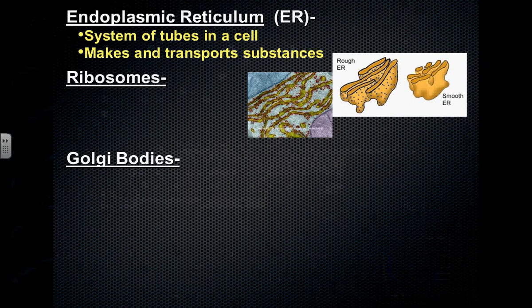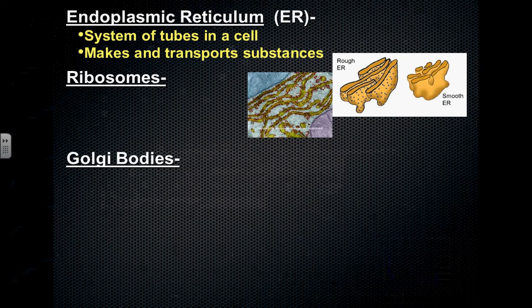All right, so what are these ribosomes? These tiny little dots. We know that they're made in the nucleolus. They're very, very small. And these ribosomes, their job is to make the substance that makes up most of the cell. Most of the cell is made up of what type of material? Anyone?